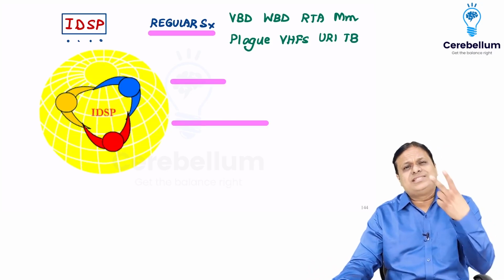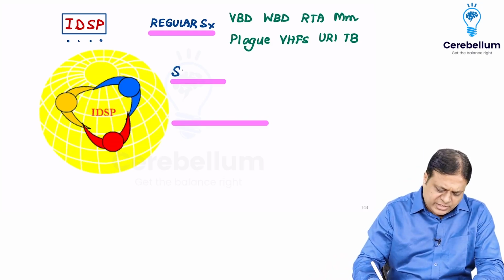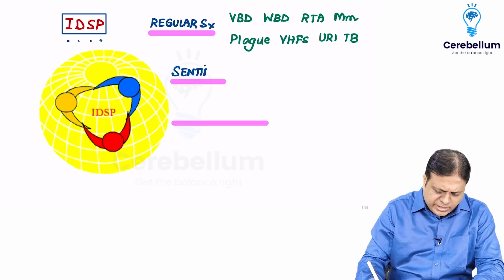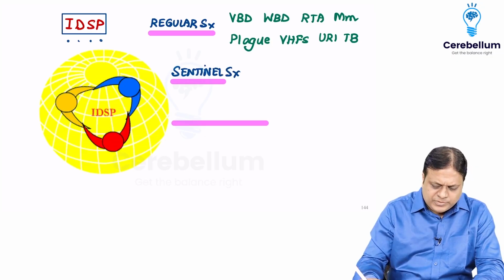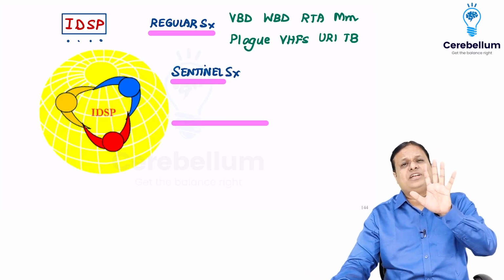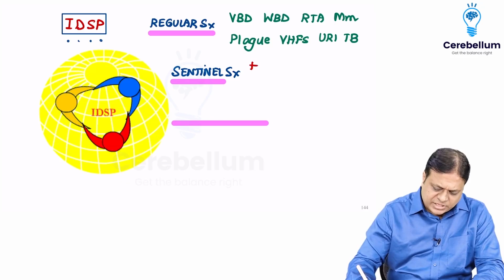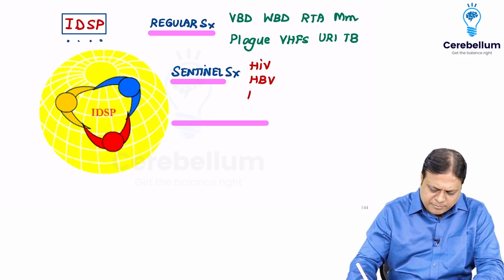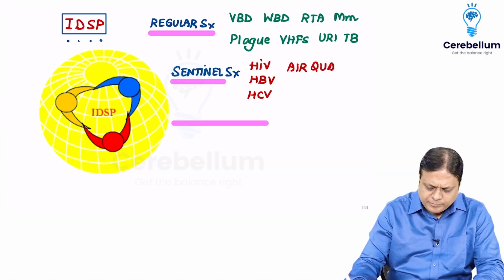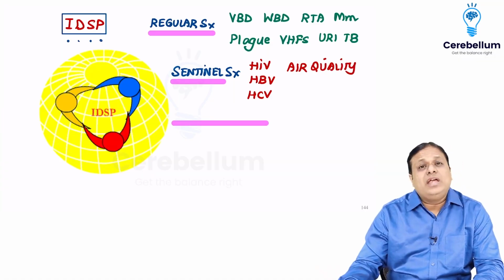Beyond regular surveillance, second type of surveillance undertaken in this program is sentinel surveillance. This includes mainly 5 types of sentinel surveillances, that is for HIV, hepatitis B virus, hepatitis C virus, air quality, and water quality.